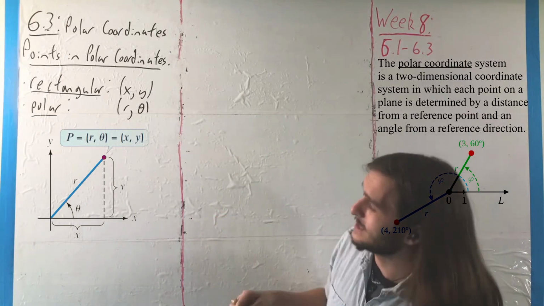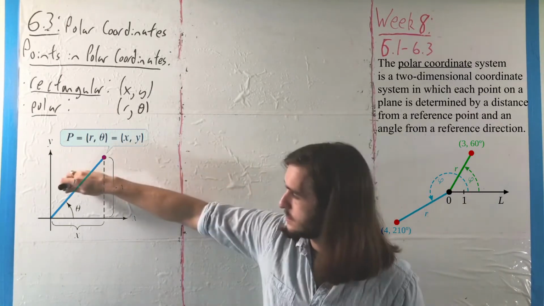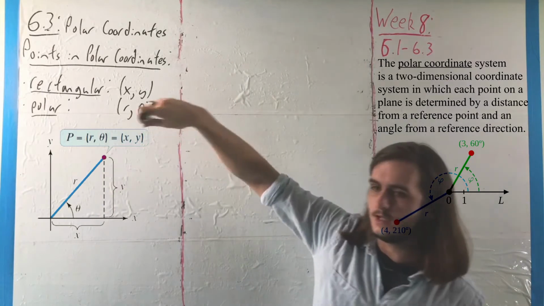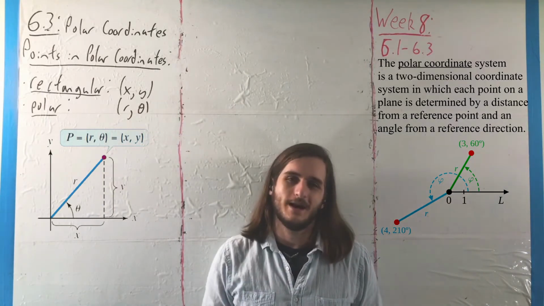But the rectangular plane is about those straight lines along our axes.